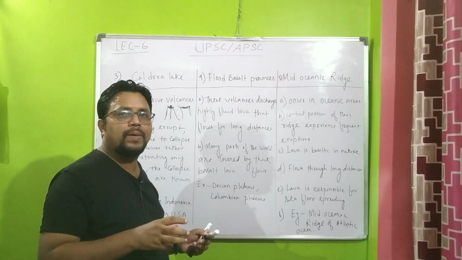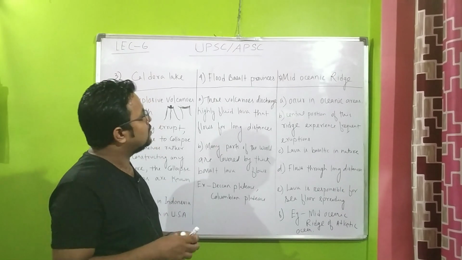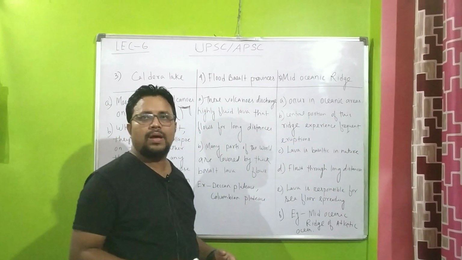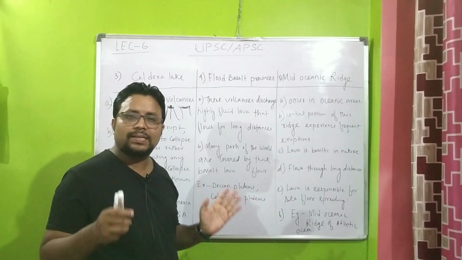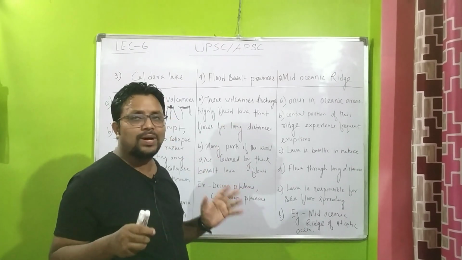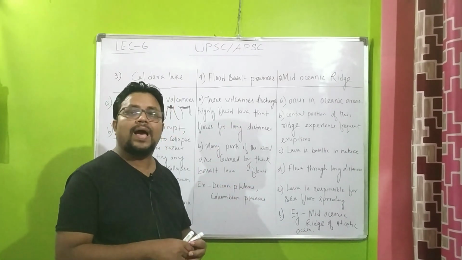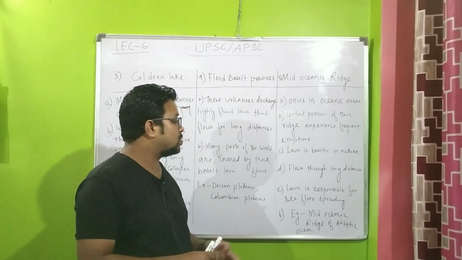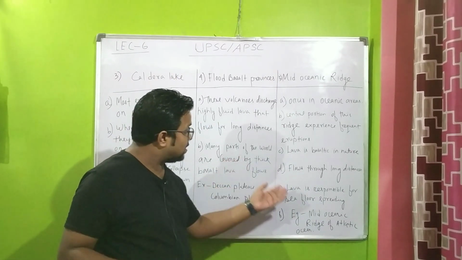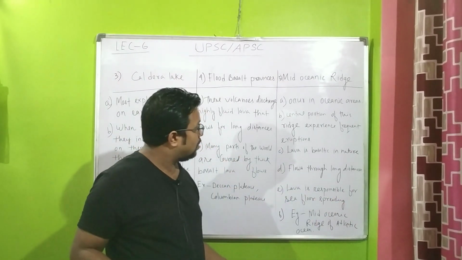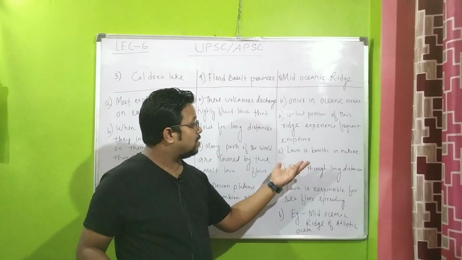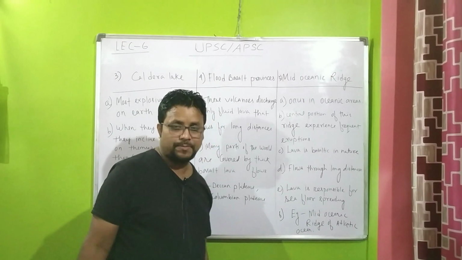Those vacancies are filled by magma, thereby forming the mid-oceanic ridge that we can find in the Atlantic Ocean. And that magma is also responsible for sea floor spreading. This lava is basaltic in nature, and it also travels very long distances.